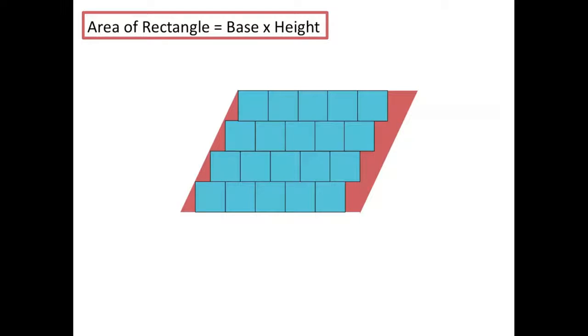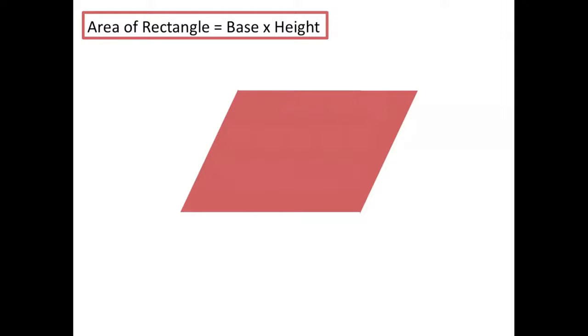So now let's see if we can use this concept of area of a rectangle to help us find what the area of a parallelogram should be. Let's first start with our parallelogram and then cut it up like this. That way we have two triangles and a rectangle in the center.